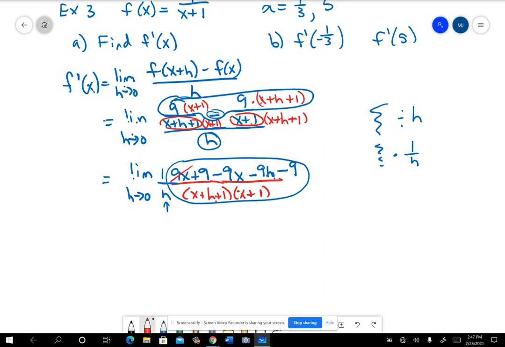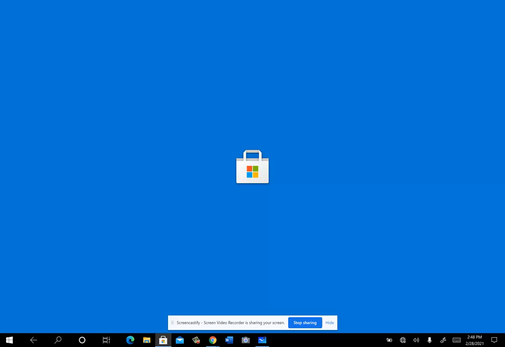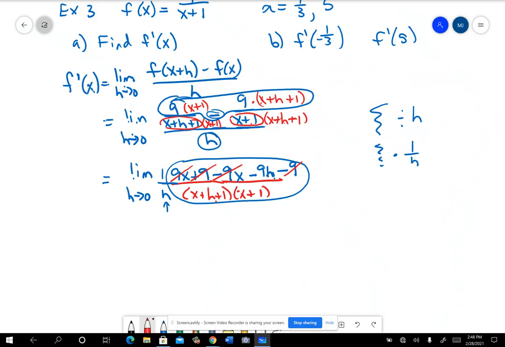So then the 9x and the negative 9x cancel out. So does the 9 and the negative 9. So I wind up, let me see where that went. Hold on. Okay, there we go. So I wind up having a minus 9h on top. Okay. I've got the x plus h plus 1 times this x plus 1.